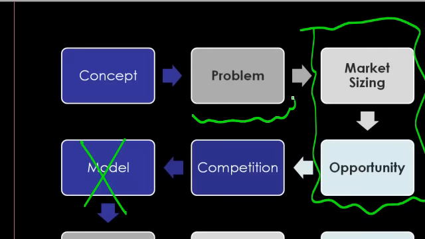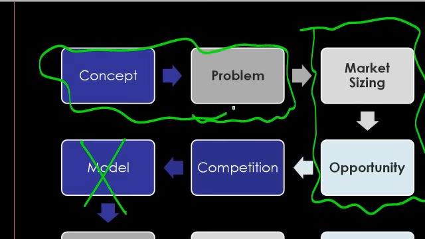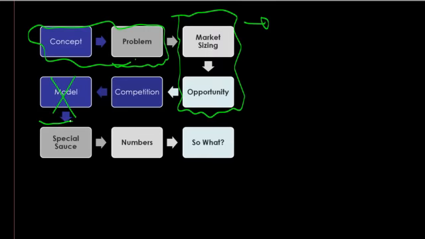A part of it gets addressed in the concept and problem piece. And then before we move on, we need to take these two pieces: the special sauce that allows us to stand out as a business, and how we compare or compete with the competition. It's these two pieces that we're going to focus on in our next session.